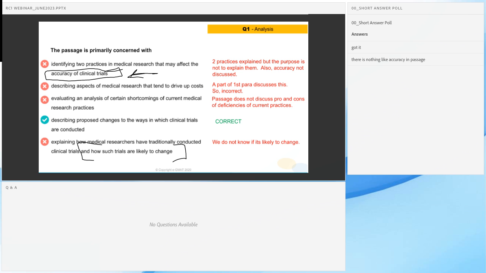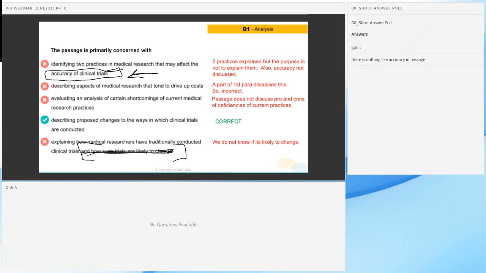So then it's really easy to reject choice E. Remember, the main idea is going to encompass the reason why this passage is written. Without this part in the passage, it only remains explaining how researchers have traditionally conducted clinical trials. Is that the reason why the author has written the passage? Absolutely not.